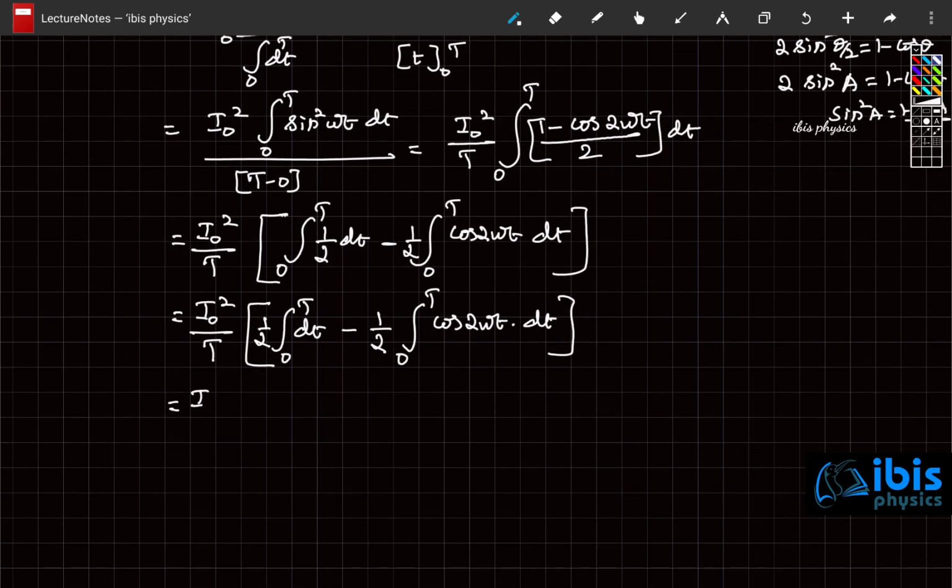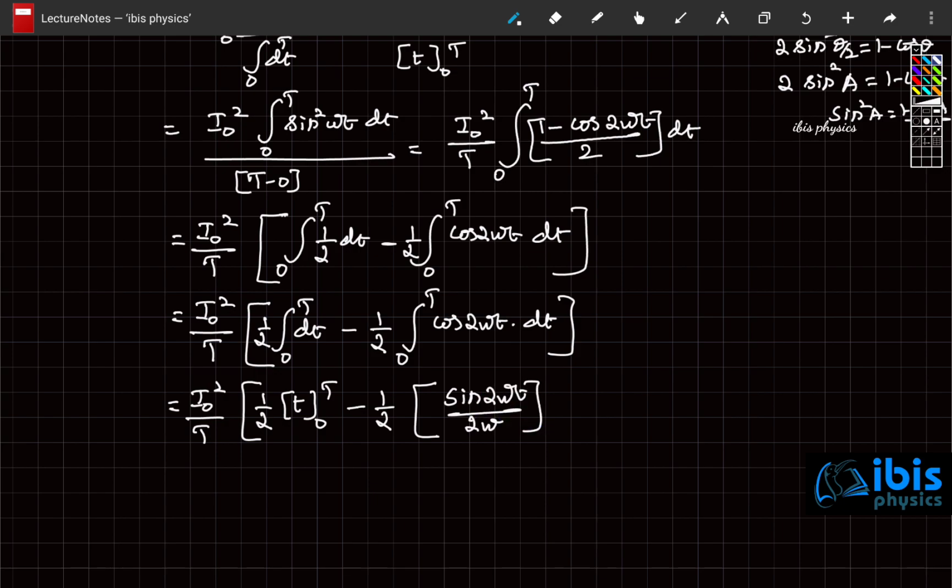Here I naught square by T into half times the integral of dt, which is T, minus half into the integral of cos 2 omega t, which is sin 2 omega t by 2 omega, from 0 to T.